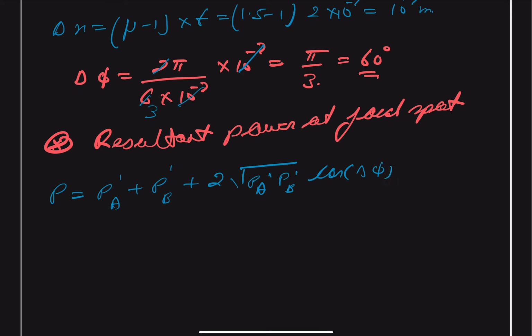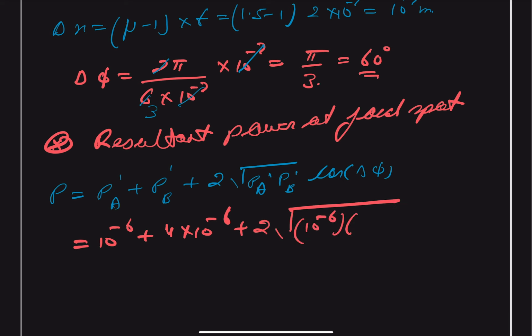Now we can easily substitute the value. PA prime is our 10 to the power minus 6, PB prime is our 4 into 10 to the power minus 6, plus 2 times the square root of 10 to the power minus 6 multiplied by 4 into 10 to the power minus 6, and we have cos of pi by 3.